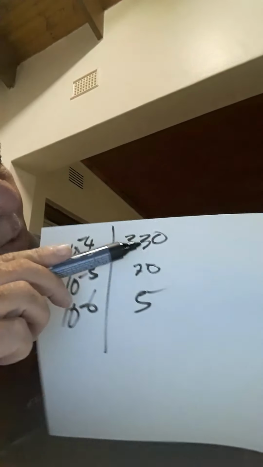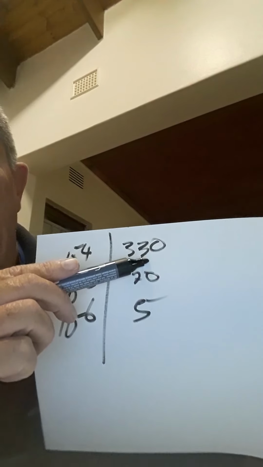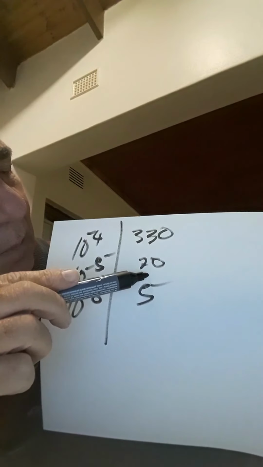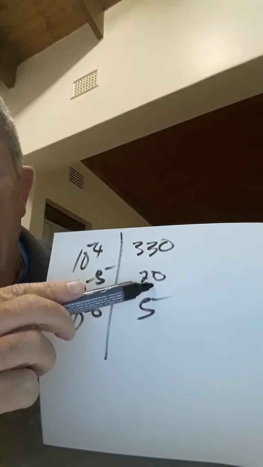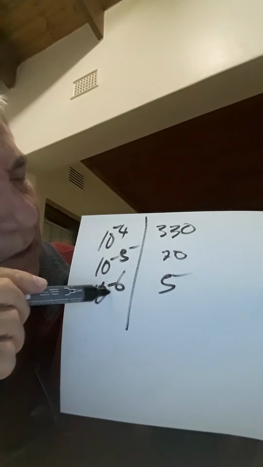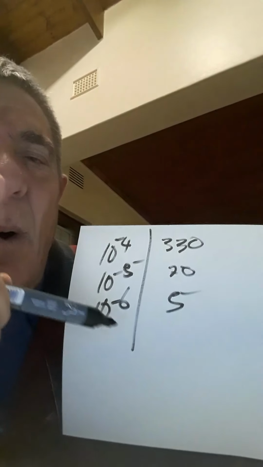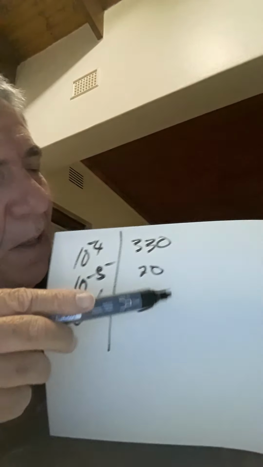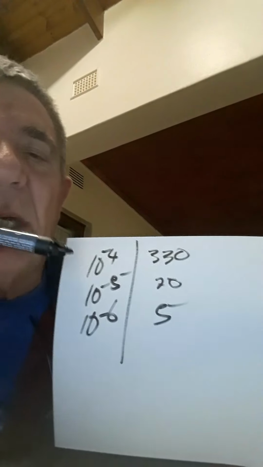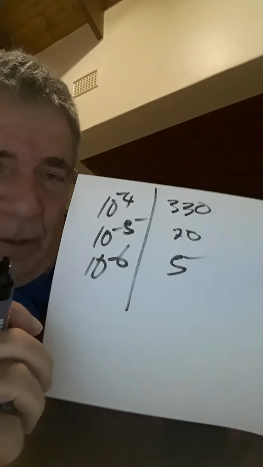In 10 minus 4, I counted 330 bacteria. In the next one, the 10 minus 5 dilution, I counted 20 bacteria. In 10 minus 6, I counted 5 bacteria. I always try to calculate the average.